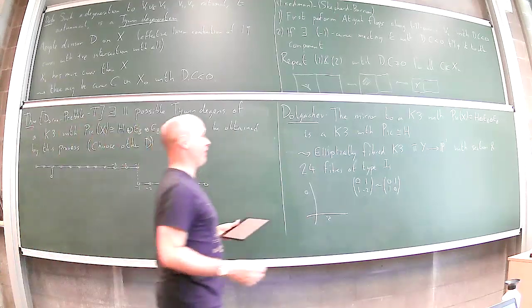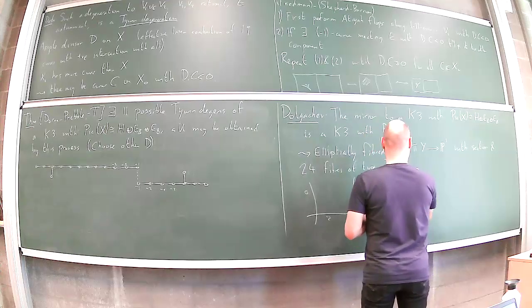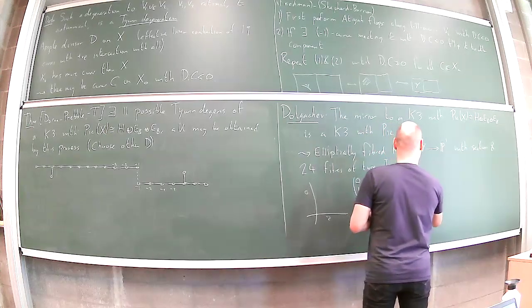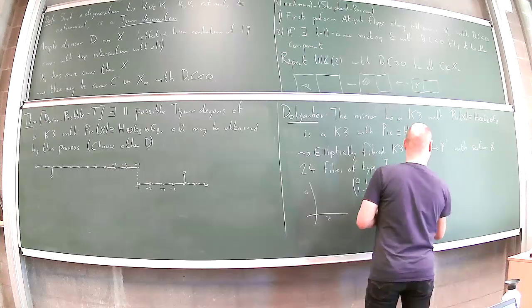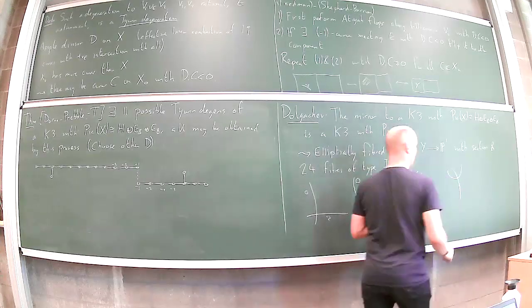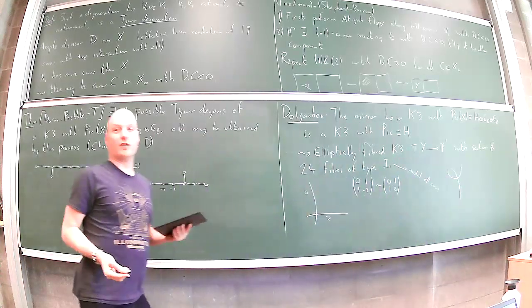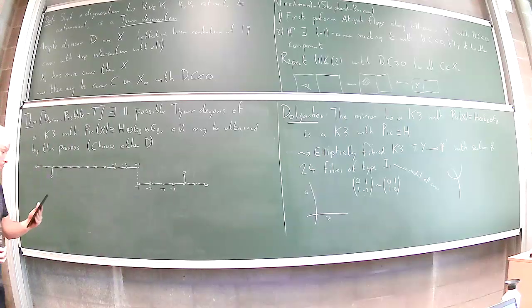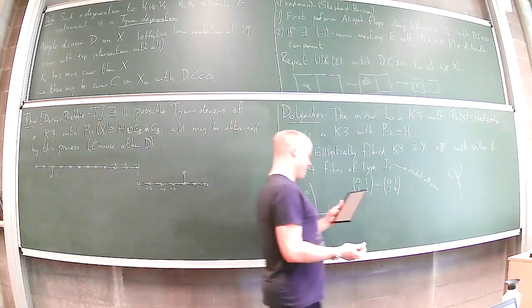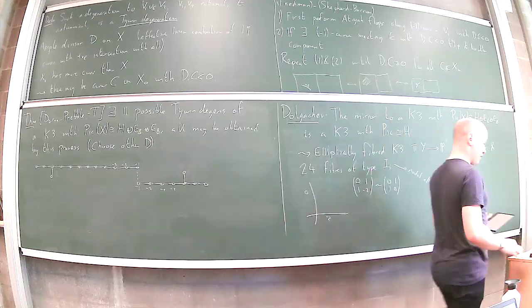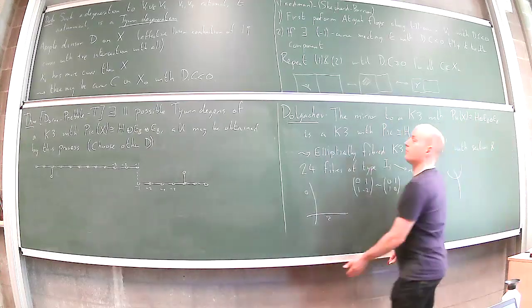What do I mean by a fiber of type I1? These are just nodal elliptic curves, by which I mean one node. Right, the simplest kind of singular fibers you can have. Okay, so here is the conjecture that we care about.